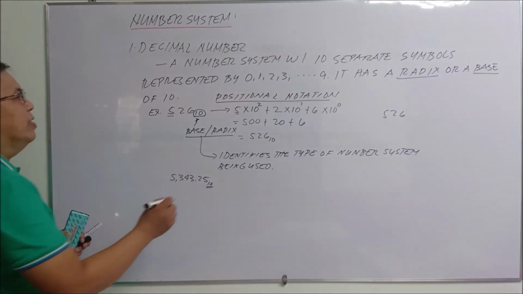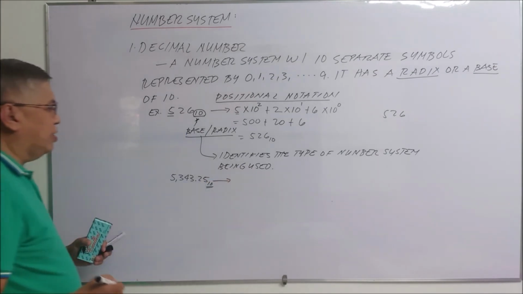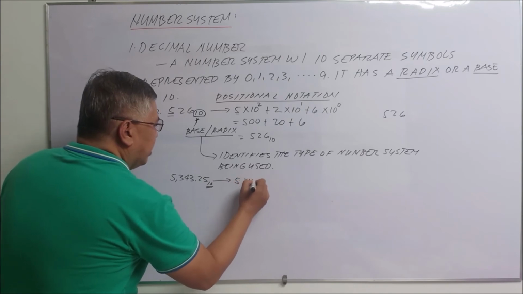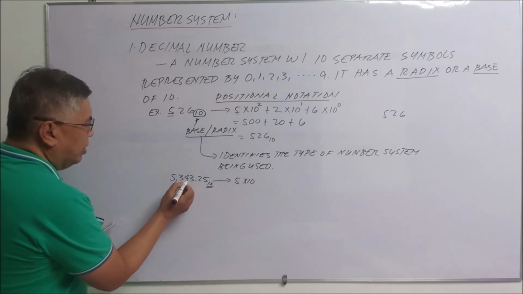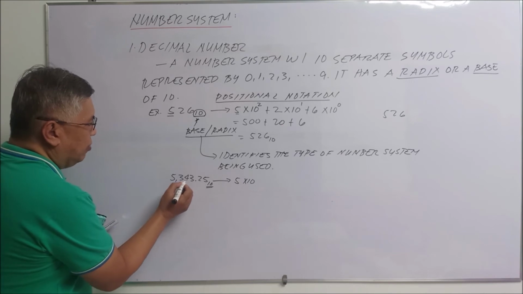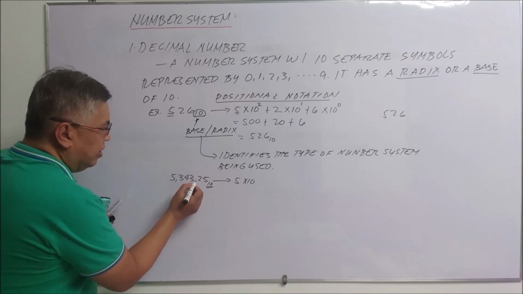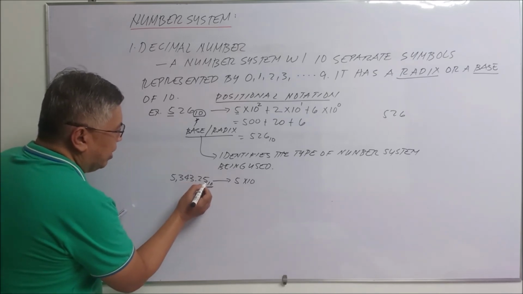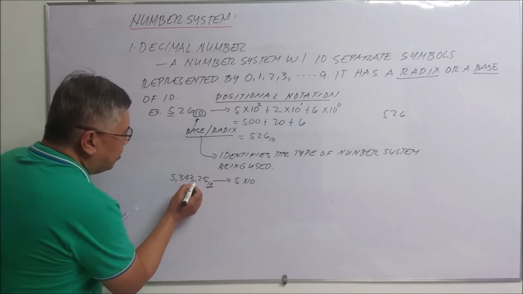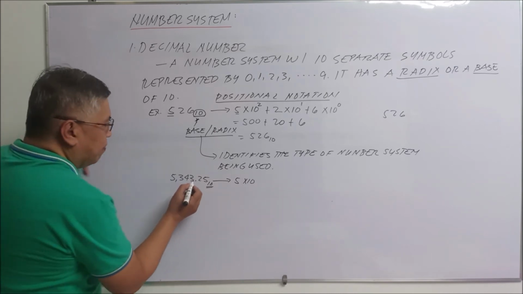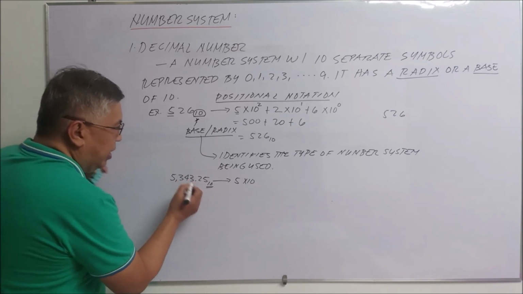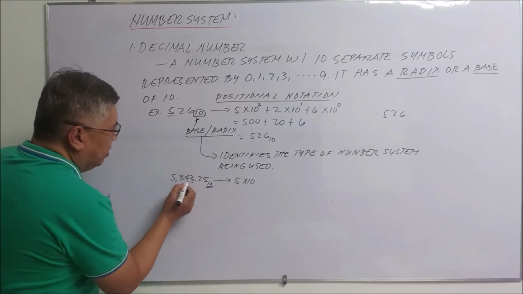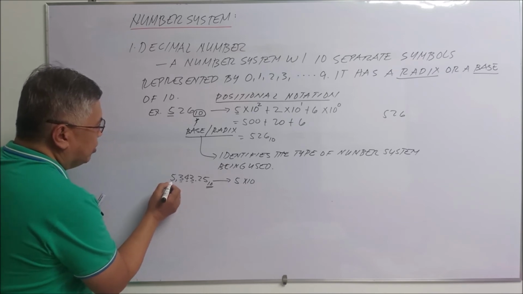Okay? So, if we obtain the positional notation of this, that will be 5 times 10 to what? Count the number of digits from right going to the left, that is after a decimal point. Okay? Do not count from here going there, but the digits to the left of the decimal point. So you have 1, 2, 3, excluding 5.